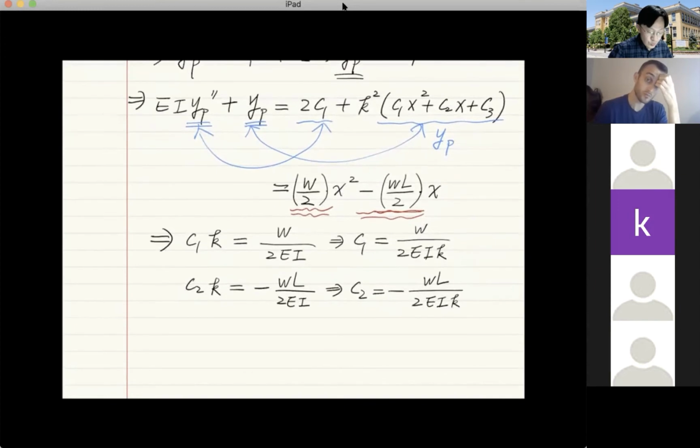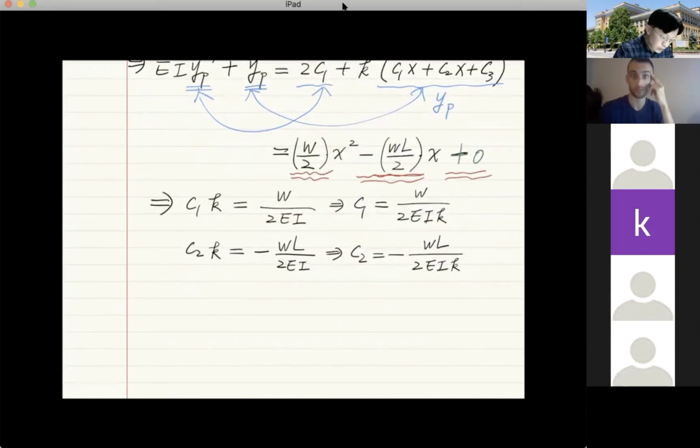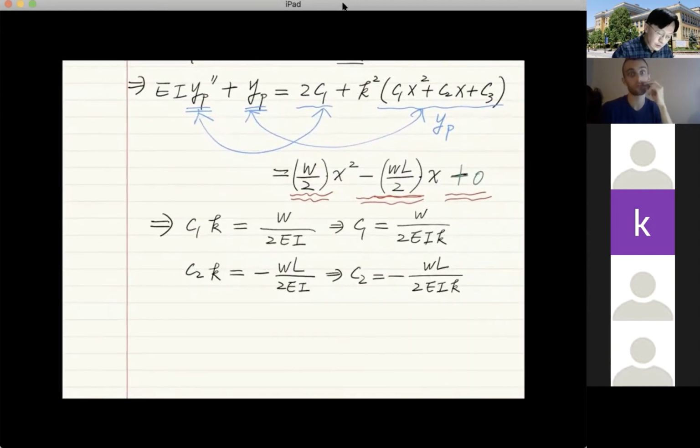Now, for the zeroth order, there's no zeroth order, right? Because in the original equation, it actually equals plus 0. That means for the zeroth order there's no coefficient. That's another condition: the coefficients on the right-hand side about C1, C2, and C3, the zeroth order term, must be 0.